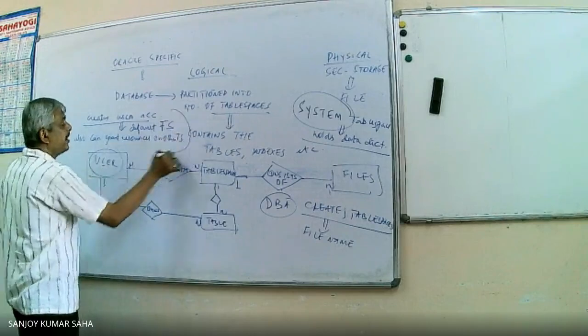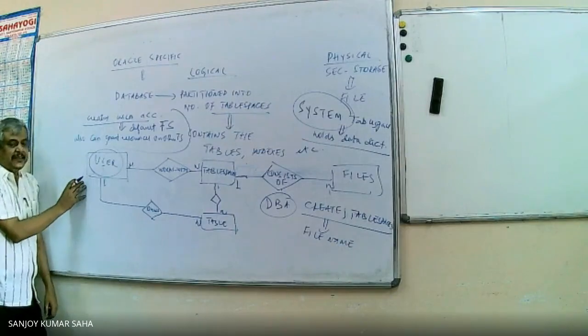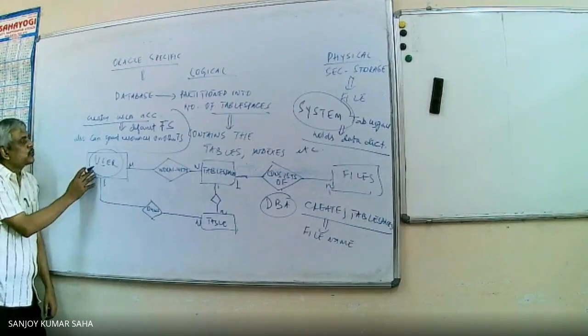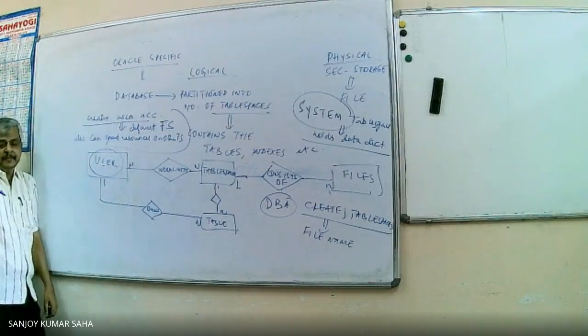So that way, a particular user can have access to multiple tablespaces. Whenever the user creates a table, normally it goes to the default tablespace specified for the user by the DBA.